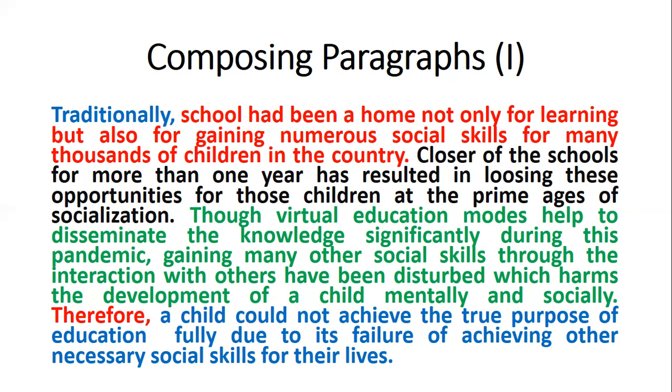So these two sentences are supportive details for the sentence that I have written first. The sentence in blue stands for the concluding thoughts. Therefore, a child could not achieve the true purpose of education fully due to its failure of achieving other necessary social skills for their lives.